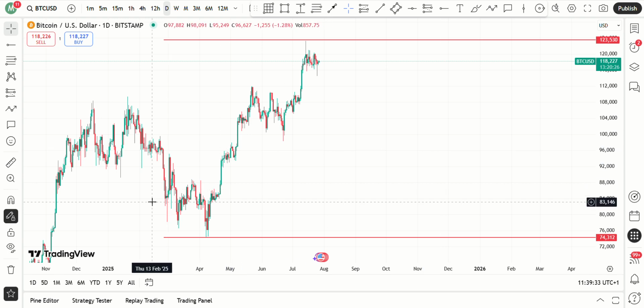It's relevant for multiple reasons, really. And what I mean by that is you want to look at the relevant levels within this price area. You want to look at the supply and demand zones within this price area, essentially.